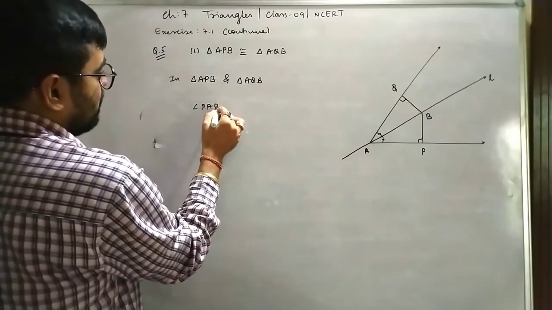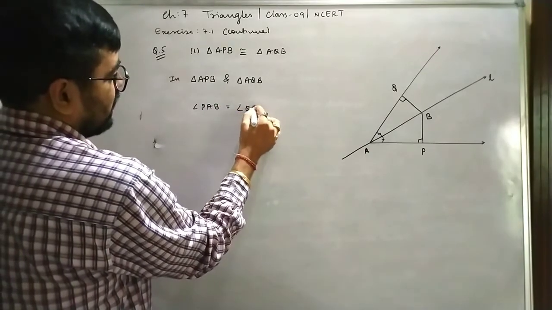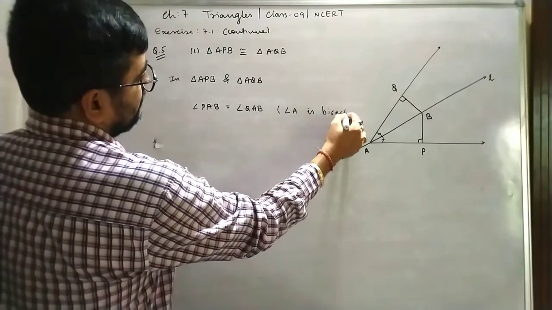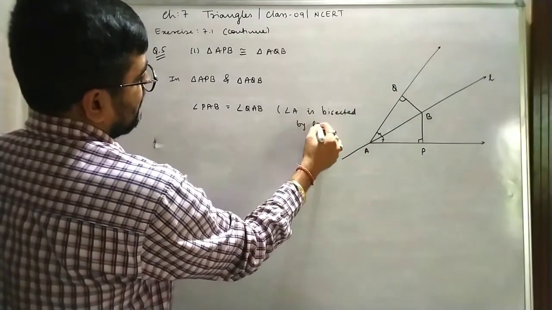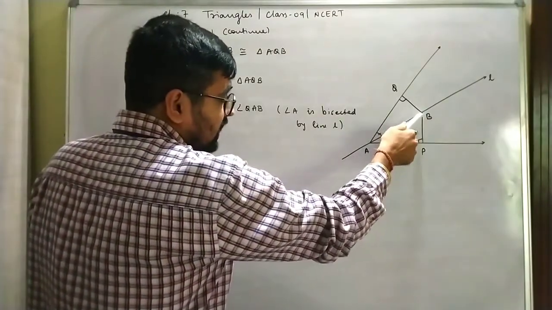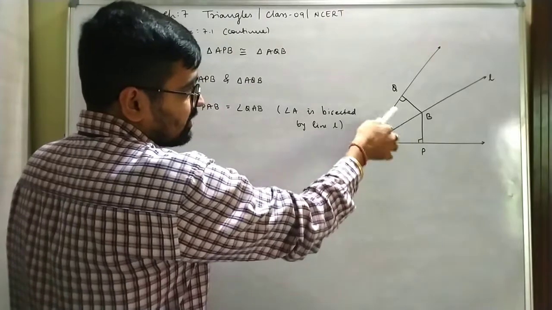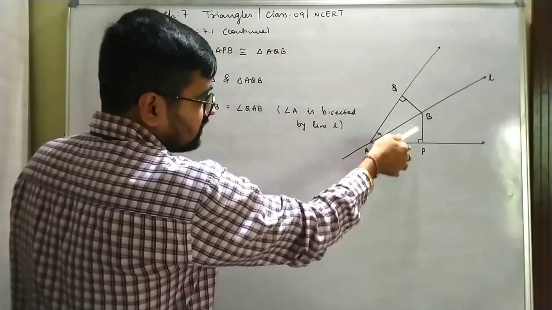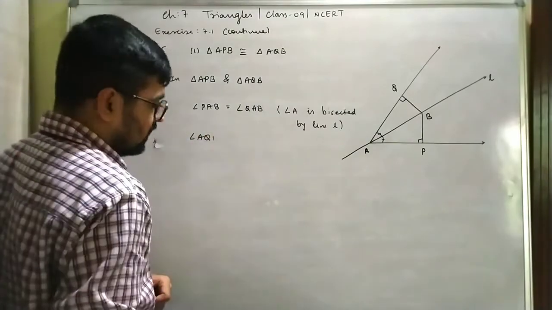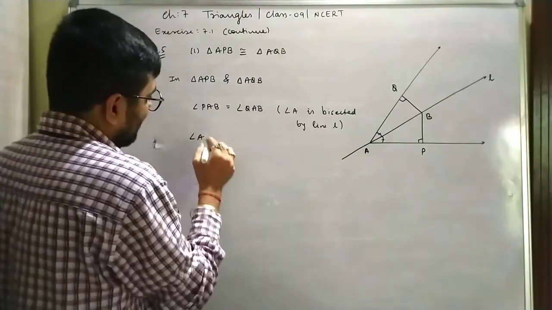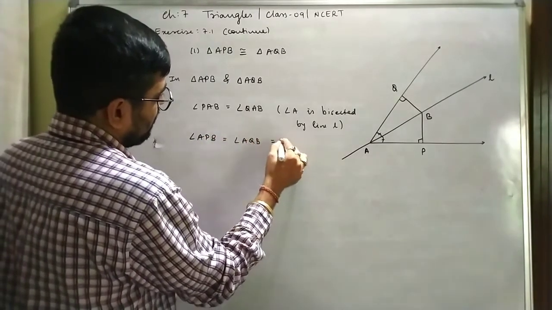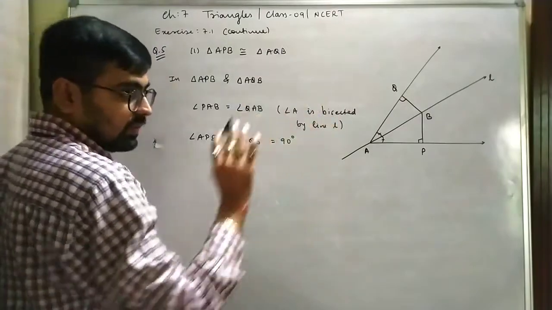So angle PAB equals angle QAB, as angle A is bisected by line L. Second thing we have is, from B we have drawn perpendiculars to the arms of angle A. So this is perpendicular, this is perpendicular, so I can easily say that angle APB, again I wrote Q first, so angle APB equals angle AQB equals 90 degrees, both of them, correct.